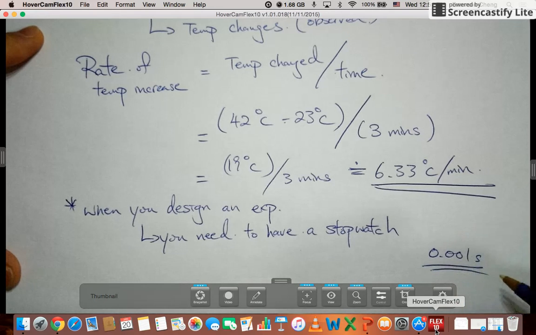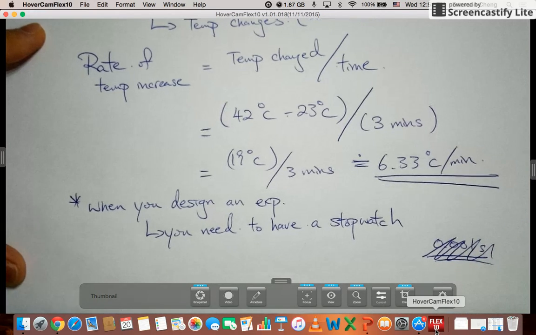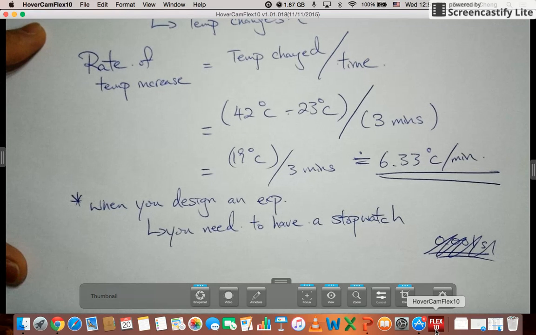But in this class, for all the experiments, we measure time by you pressing the button.